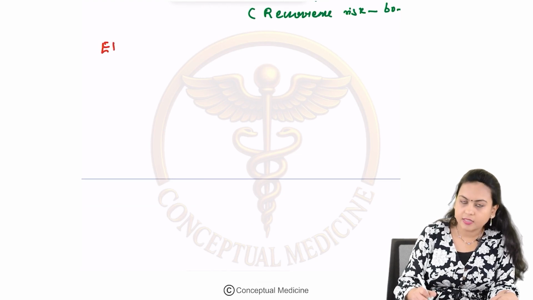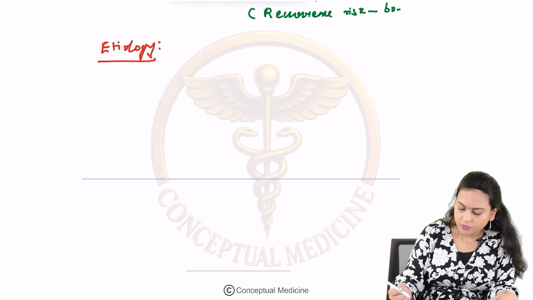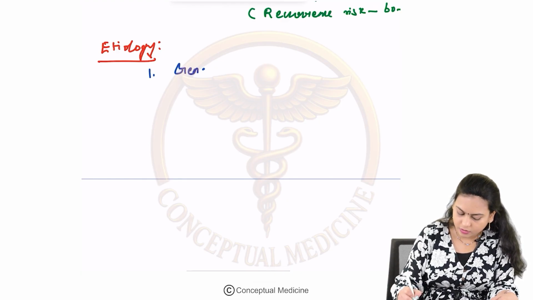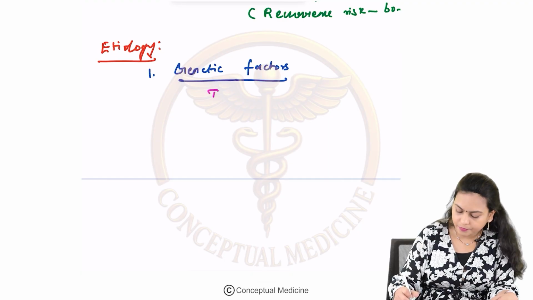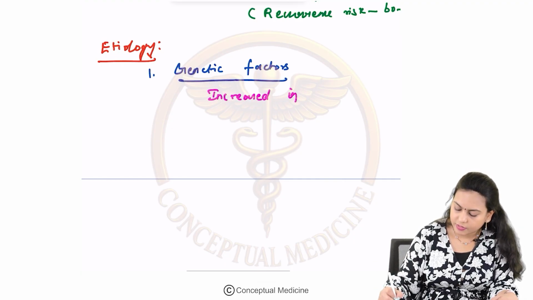Now we'll see the etiology of obstetric cholestasis. First factor is the genetic factor. This is seen increasingly if there is a family history in first degree relatives.